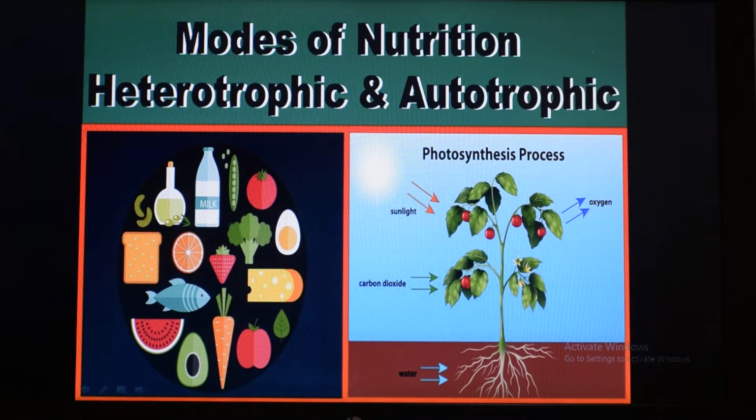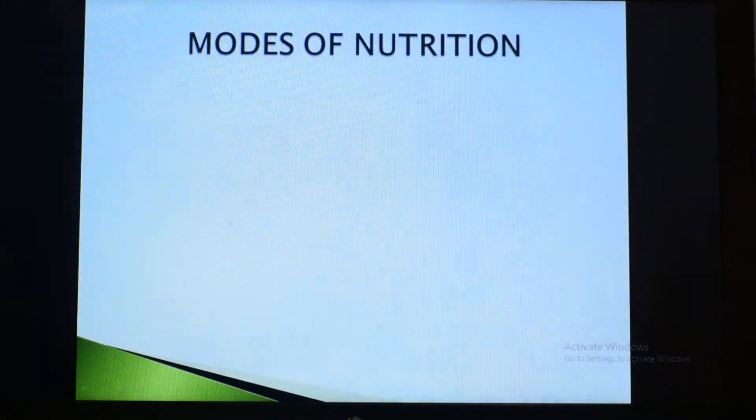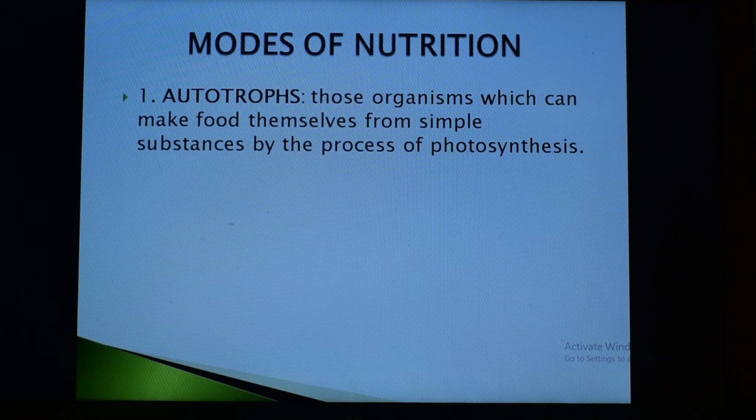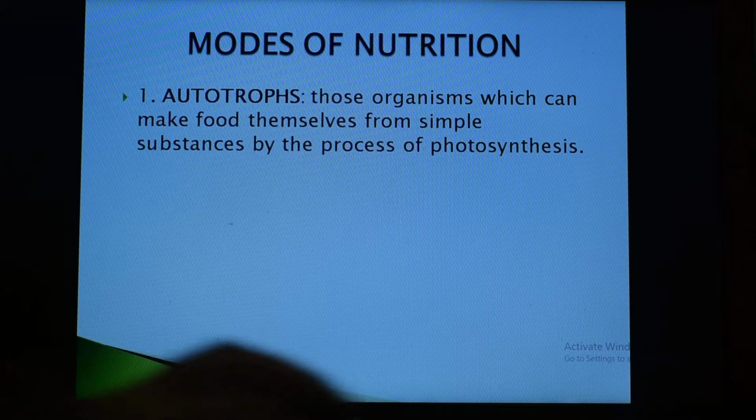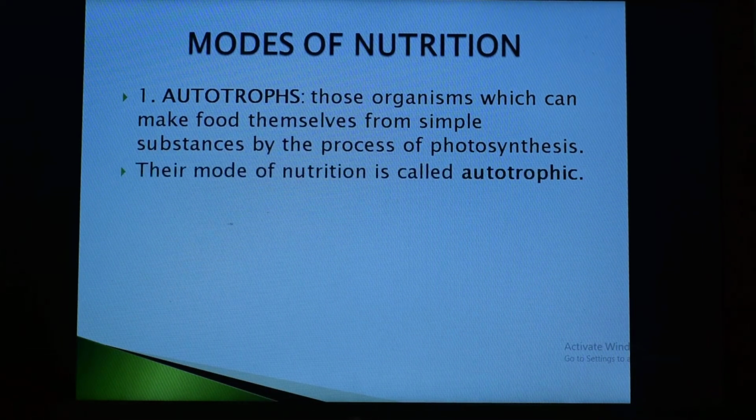Let us first start with autotrophs. Autotrophs, these organisms make their own food from simple inorganic substances by the process of photosynthesis. Their mode of nutrition is called autotrophic.